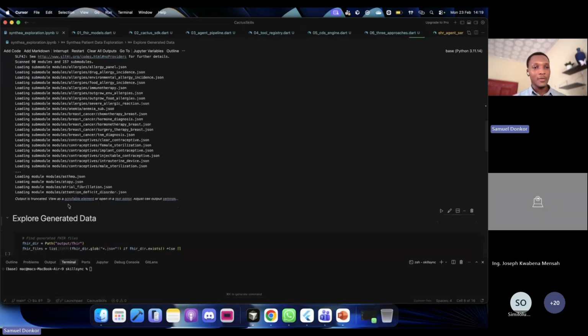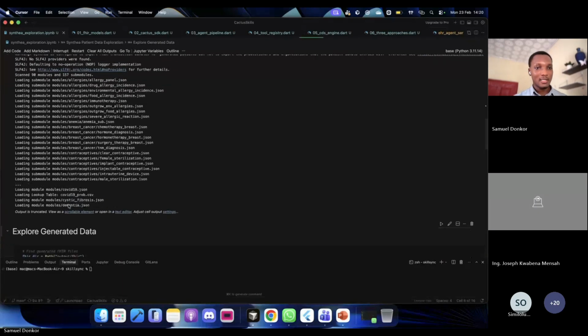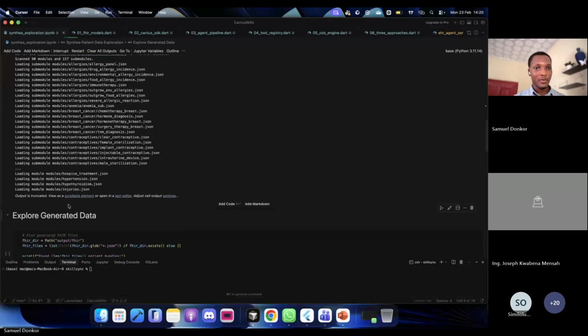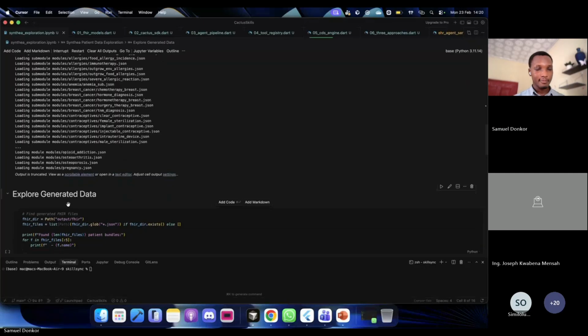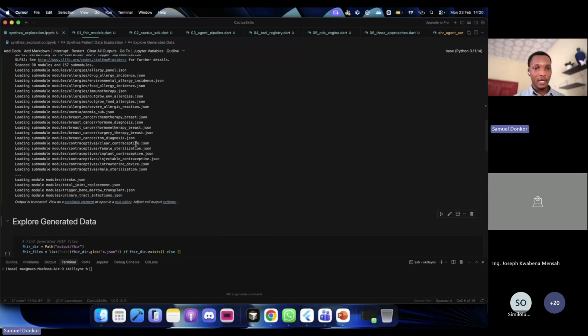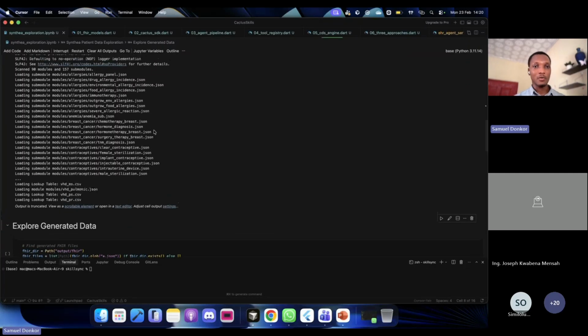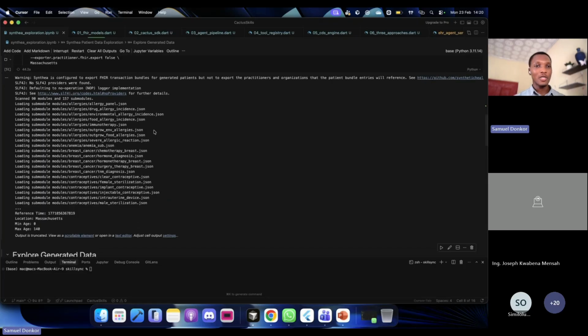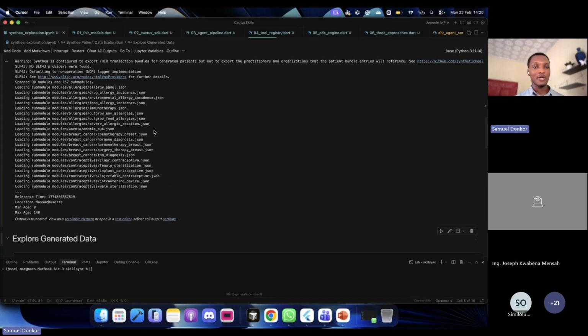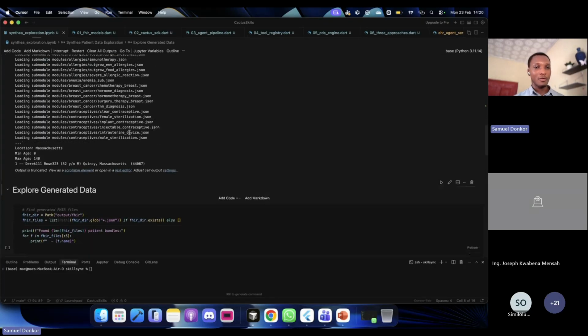Let's give this a second. You can also notice that this is already in JSON, right? Like I said, you really don't need any new tech to start using FHIR. Pretty cool. The min age is 0, and the max age of the synthetic generated data is 140.